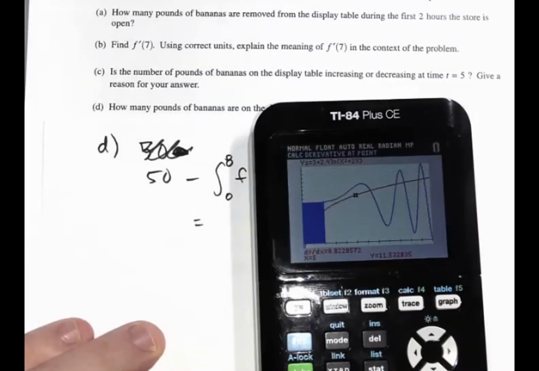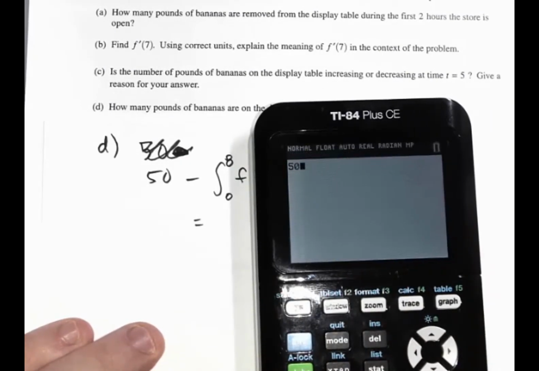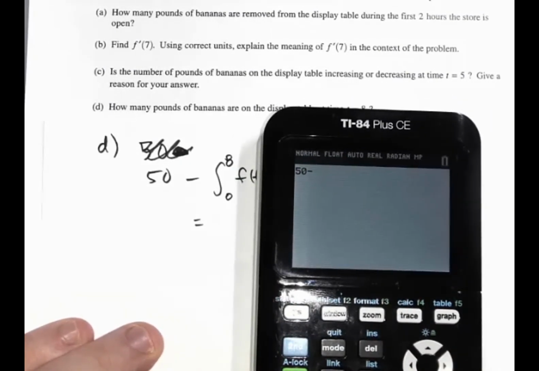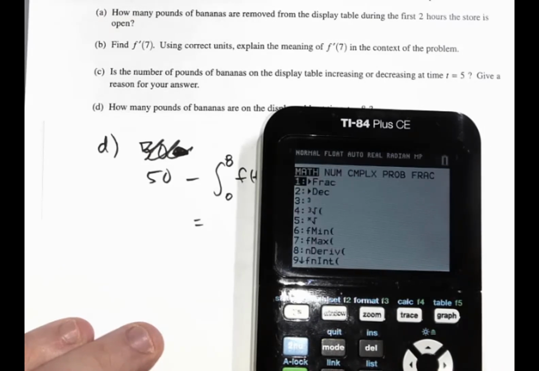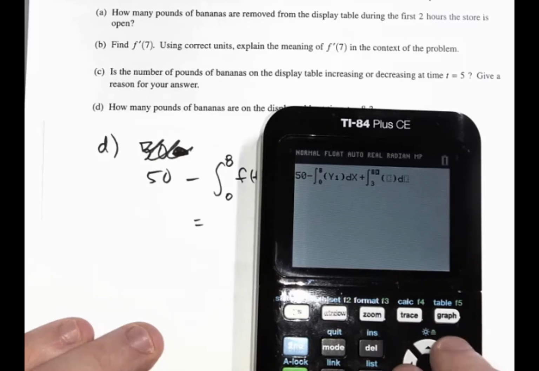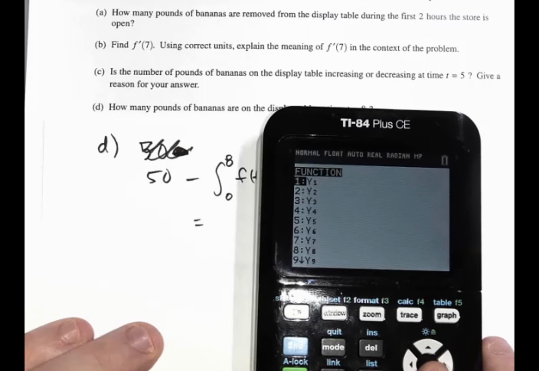So what is this going to be equal to? Let's not do it in here this time, let's go 50, and then we'll subtract the integral from 0 to 8 of the y1 function, which I already programmed into the graphing part of the calculator, and then I'll add on the integral from 3 to 8 of the y2 function, which is the restocking that was going on.